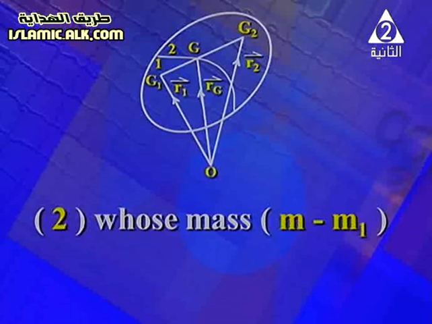Why? Because m is the mass of the whole body, with center of gravity G. If we remove a part of the raised body with mass m1 and center of gravity g1, then the remaining body has mass m minus m1.